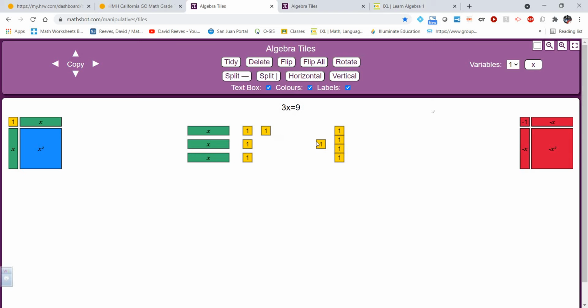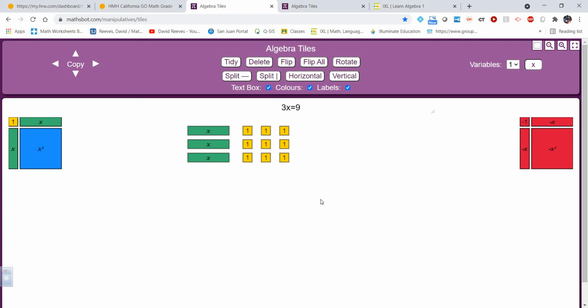Okay, so here we go. So I'm just going to take these and put these into equal groups. And you could see that when I separate those 9 into 3 equal groups, this guy's being stubborn here. All right, come on, there we go. Come on. All right, these guys have a mind of their own.